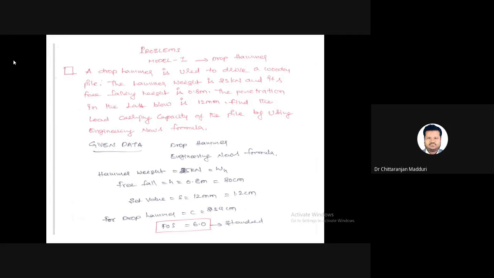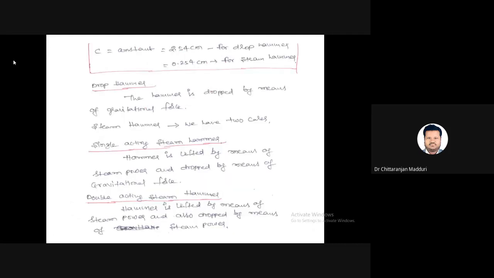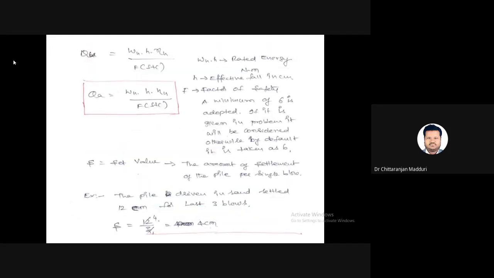Here we should have one consideration. This formula, Q_a equal to W H η_h by F into (S plus C), considers only values in centimeters. So all dimensions should be converted into centimeters. Otherwise, this formula is not valid.